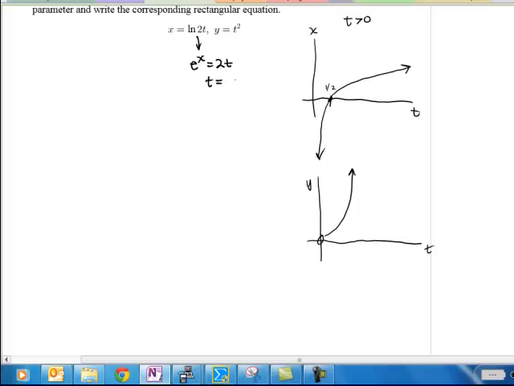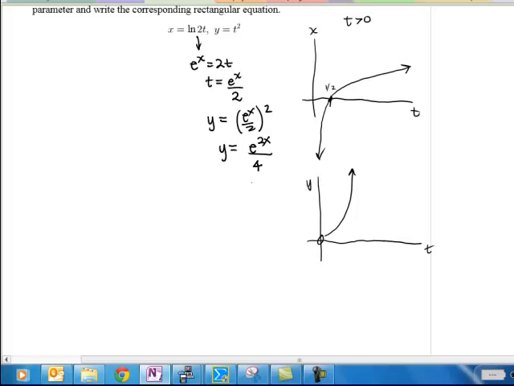So t is e to the x over 2. Alright, and then if I substitute that into the expression for y, I have y equals e to the x over 2 squared, which is the same as e to the 2x over 4.